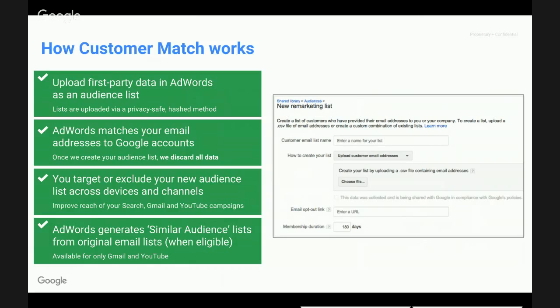And then when you import it, we're going to match the email addresses with Google accounts. So essentially, we're going to check if Tadej or Vadims exist in the Google world, if they have their own Gmail account. And then we're going to match that. And then once this is created, you can apply this to search, YouTube, or Gmail.